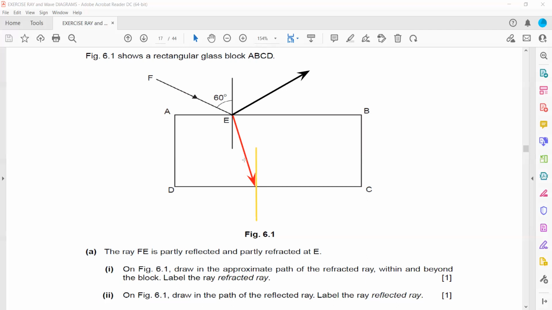So moving from glass to air, what will happen? It will bend away from the normal. And keep in mind, the ray which is incident and the ray which emerges out should both be parallel to each other. So the emergent ray and the incident ray should be parallel to each other in a rectangular glass block.